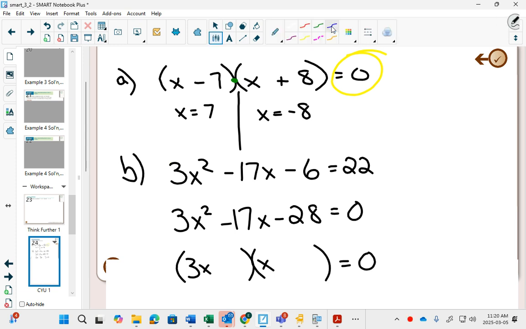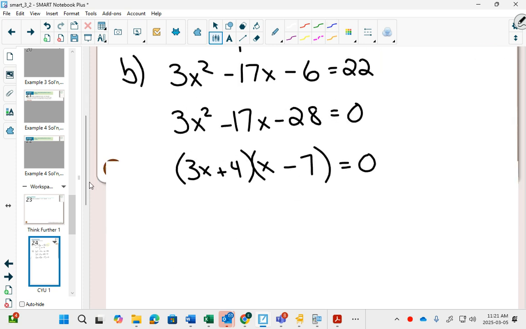No. But if I try the 7 here and the 4 here, outside is 21, inside is 4. Is 21 minus 4 equals 17? Yes, I need a negative 17. So does it make sense that I want my outside to be negative 21, inside plus 4 to give me negative 17? Double check. Is the last one still minus 28? Yes.